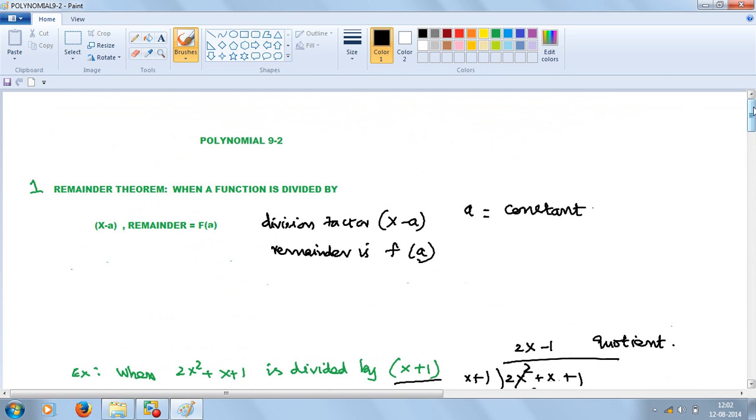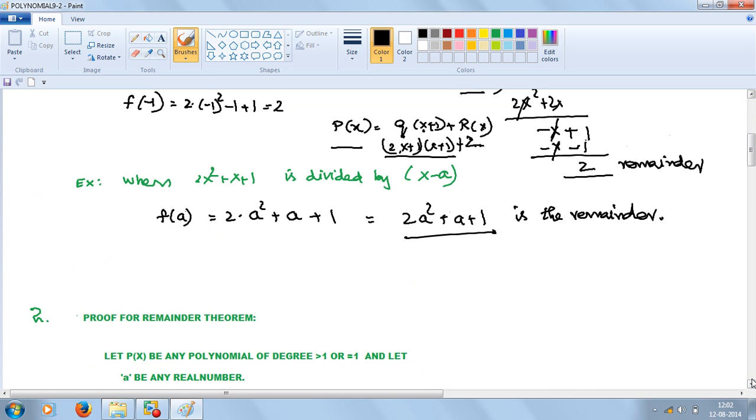So what we have seen mainly, remainder theorem is when a function is divided by x minus a, where a is some constant, division factor is x minus a, then the remainder is f of a. So to the polynomial, we apply the value of a and we get the value of the remainder.